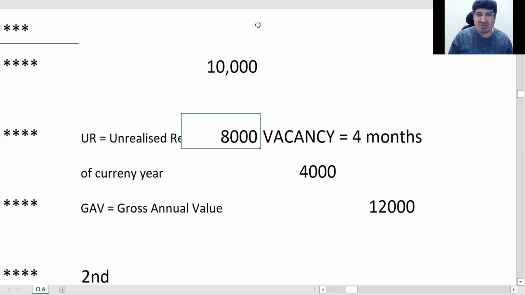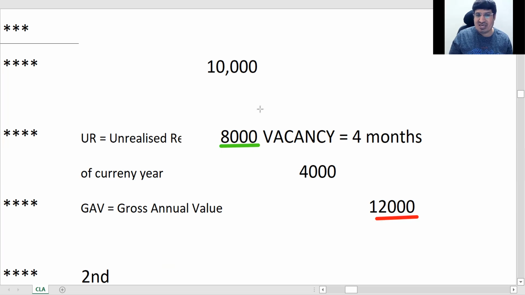Let me explain it briefly in easy words. This is your ARR minus UR, and this is the elder brother of ARR minus UR. Why? Because it is showing ARR plus vacancy, which is why this is the elder brother. So you have to use the elder brother only for comparison.